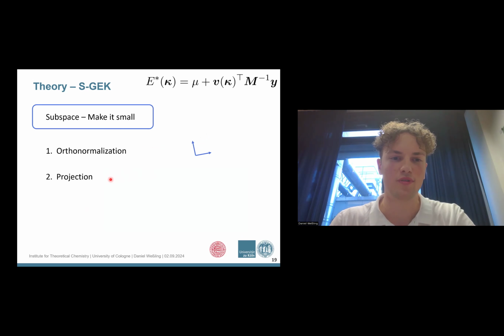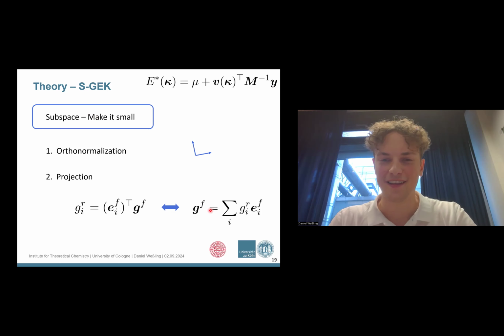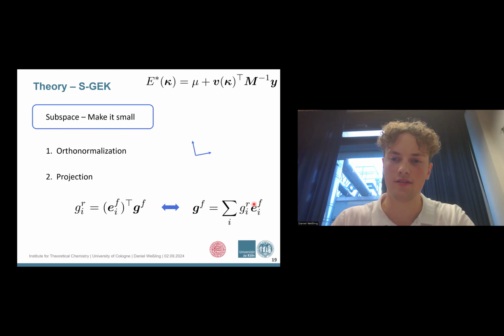And then we project the data that we have in this y onto these basis functions with this equation, and then we get from hundreds of thousands of parameters to up to 60, which is kind of a big step. And we can go back from the reduced space to the full space also by just multiplying out with these basis functions or vectors.